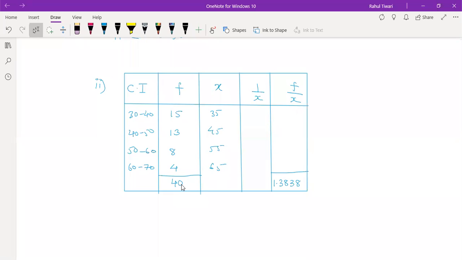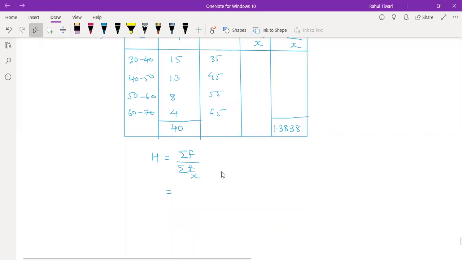Then we have h is equal to, according to the formula, summation of f upon summation of f upon x. So you can use this formula. Okay. Substitute 1.3838.